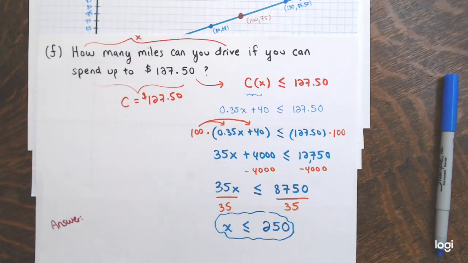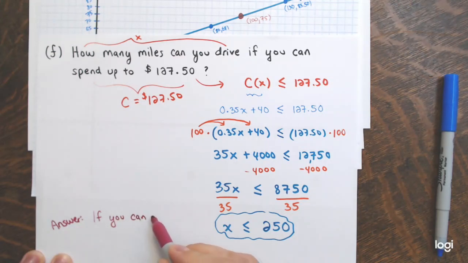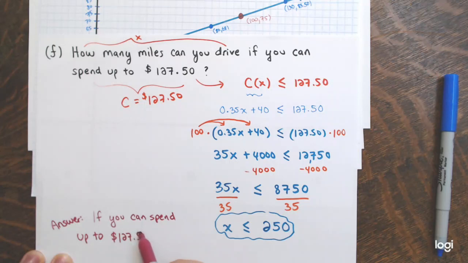I'll say if you can spend up to $127.50, then you could drive that truck up to 250 miles, is what this is saying right here. The number of miles I can drive is up to, at most, 250.